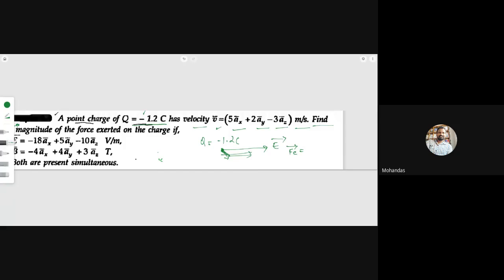Now, the same charge is moving in a magnetic field. The second question is to calculate the magnitude of the force if it is moving in the presence of the magnetic field B. Then what is the magnetic force on that charge? What is that force which is exerted on a moving charge in the presence of a magnetic field?